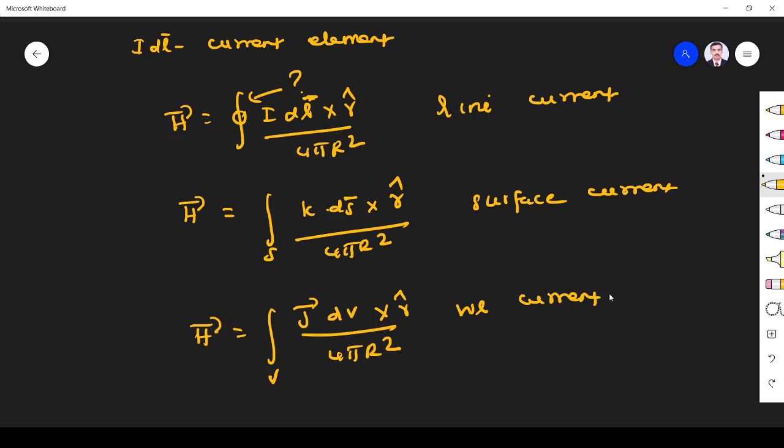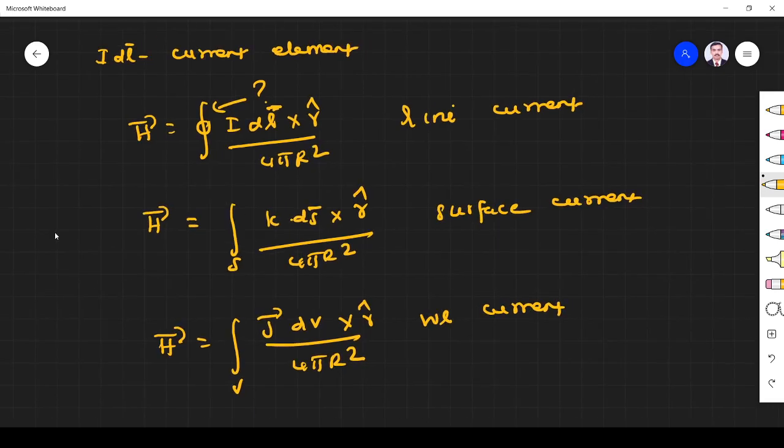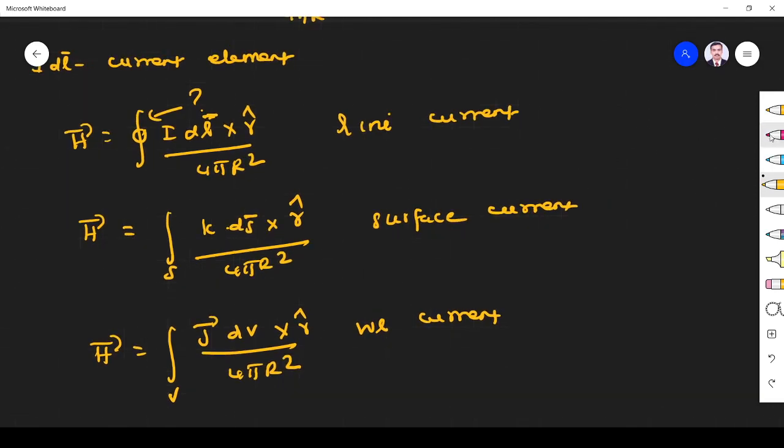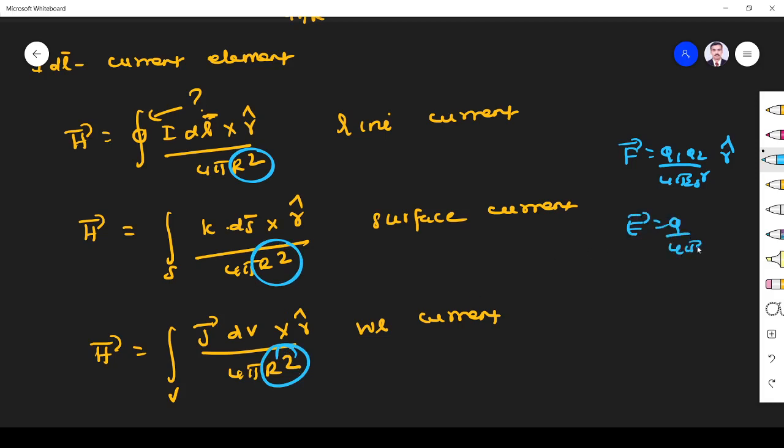So this is similar to the electric field, right? We know it is similar to Coulomb's law. This is Biot-Savart law, and Coulomb's law. We know F is equal to Q1 Q2 by 4 pi epsilon naught R squared R cap. You see this is also R, the distance between the source and the field. So for electric field, we know Q by 4 pi epsilon naught R squared R cap.